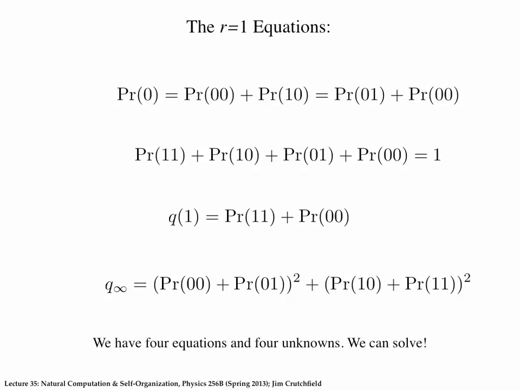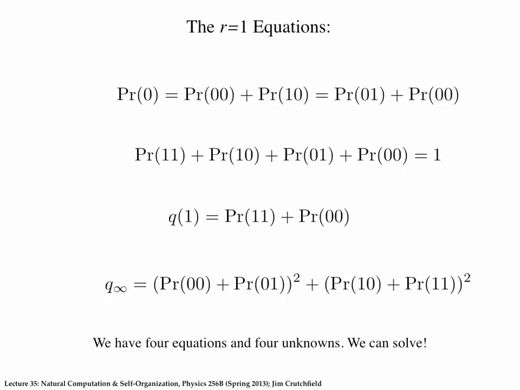Conservation of probability, or normalization of probability, is just one of those probability equations written out. And this is just what Q1 is. Q1 is the probability that two symbols a distance one apart, right next to each other, are the same.